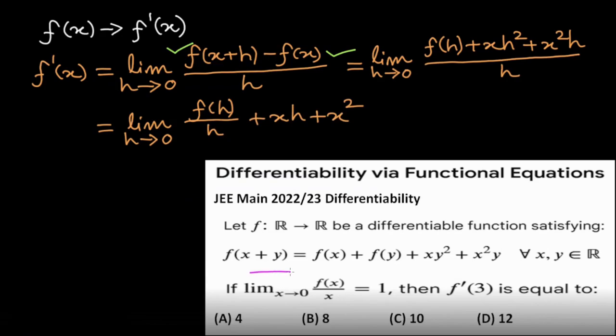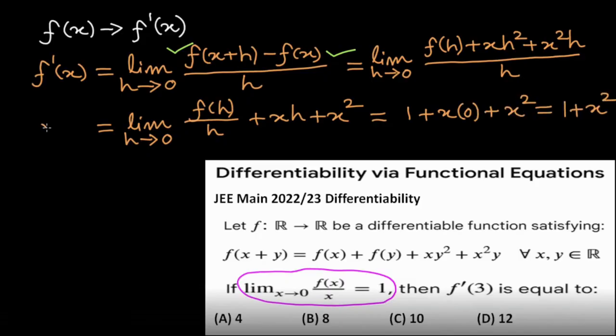Now according to this limit here, limit of f(h)/h as h tends to 0 will become 1. So here it will be 1 plus x into 0 plus x squared, 1 plus x squared. So we got f'(x) equals 1 plus x squared.